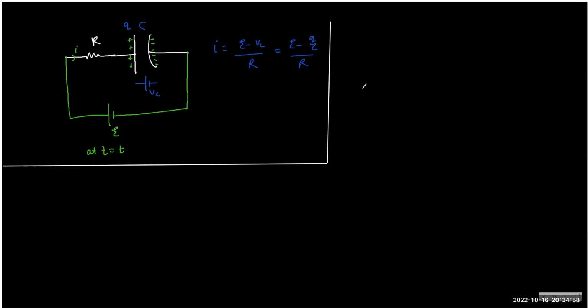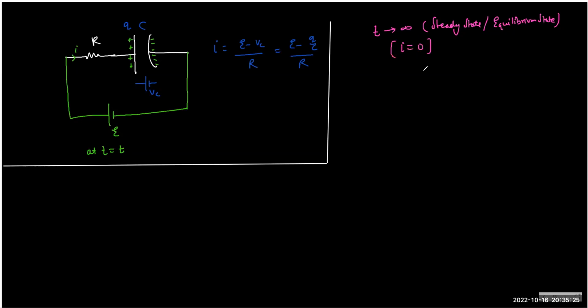So what we see in this case, let's look at this case. When t tends to infinity, which we call the steady state, or the equilibrium state, the current in the circuit will be zero.